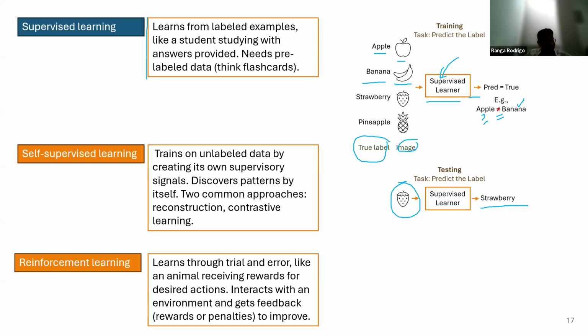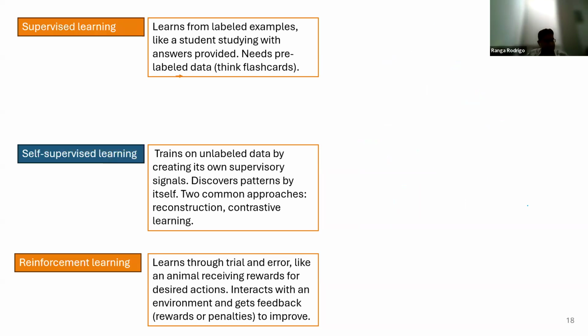Okay, then after that came self-supervised learning. In this one, we train on unlabeled data by feeding its own supervisory signal. This is very, very important: its own supervisory signal.